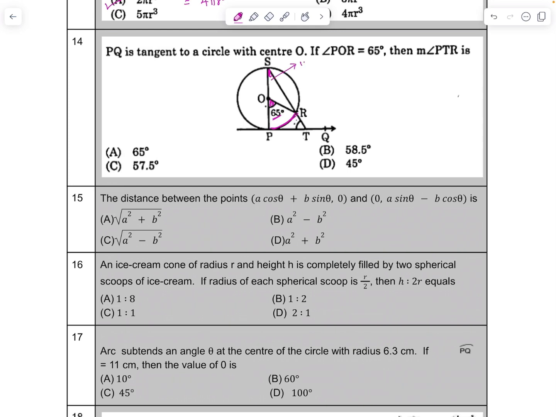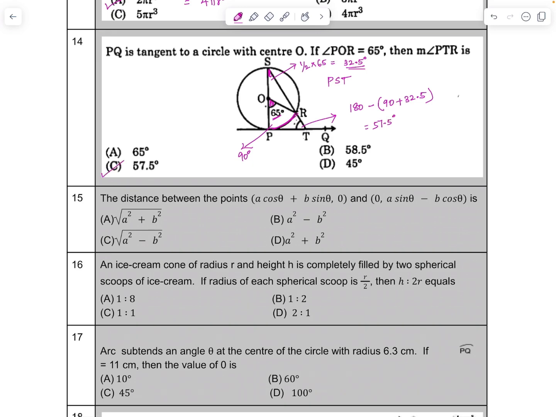PSR is half of this 65 degree, which is 32.5 degrees. Coming to this triangle PST, we know this angle which is 90 and we know this 32.5, so the remaining is 180 minus the sum of 90 and 32.5, which is 57.5 degrees.